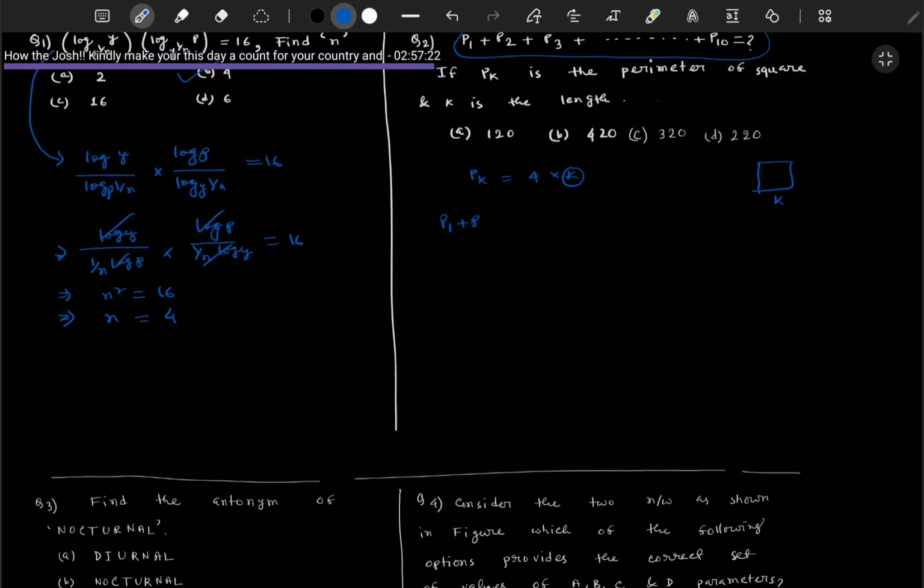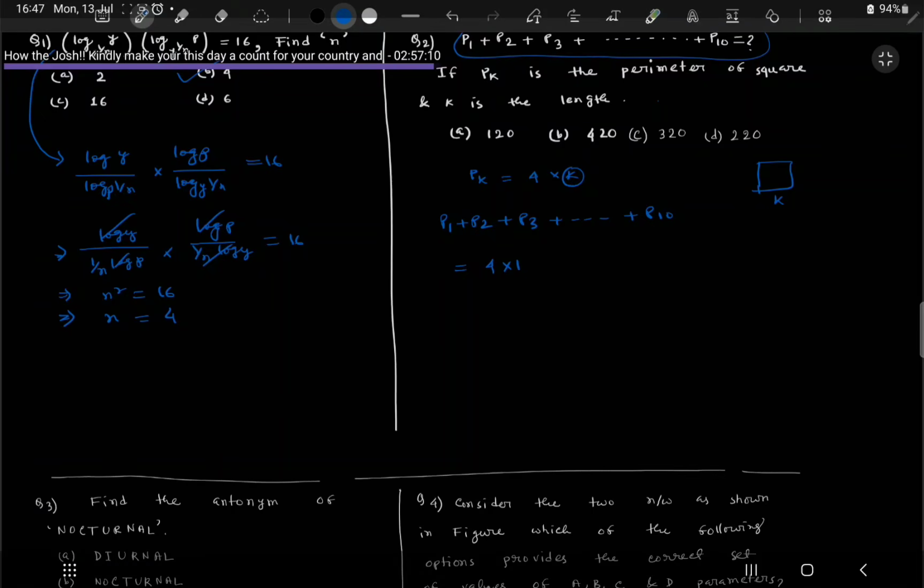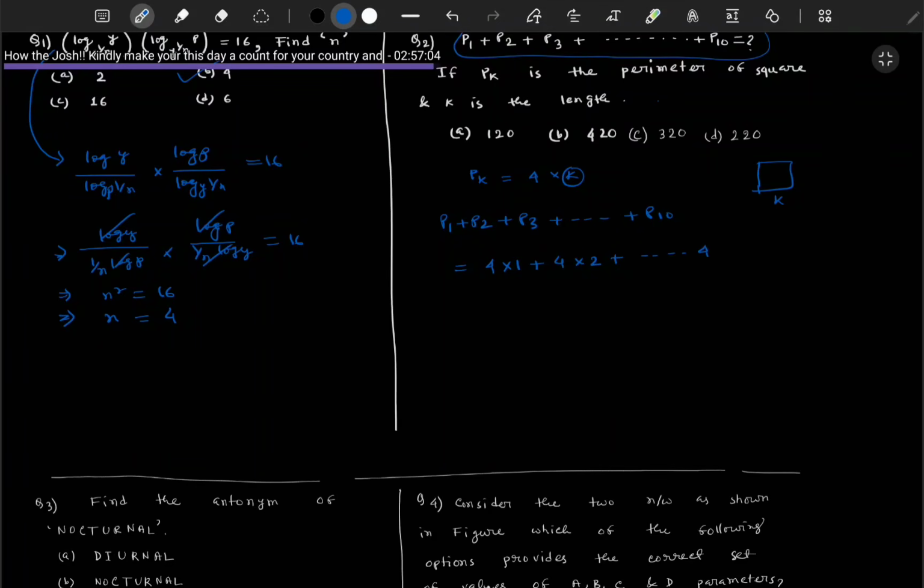Now p1 plus p2 plus p3 up to p10: first square each side is 1 unit, second it is 2 units, like that it will go on.